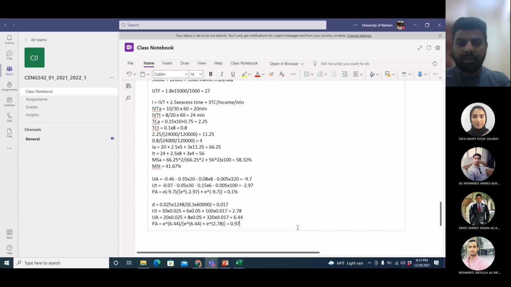So 0.97 basically means 97% people will take auto, the remaining 3% will take transit.